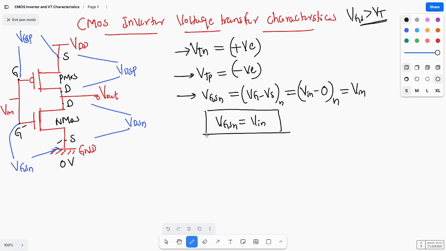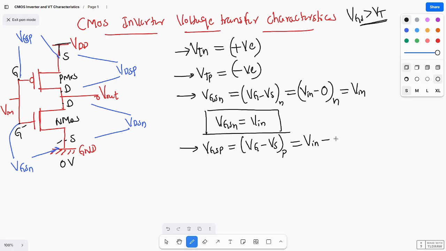And next VGSP. VGSP equals Vg minus Vs with respect to the P side. We know that Vg is connected to Vin, so Vin minus Vs, and Vs is connected to VDD.